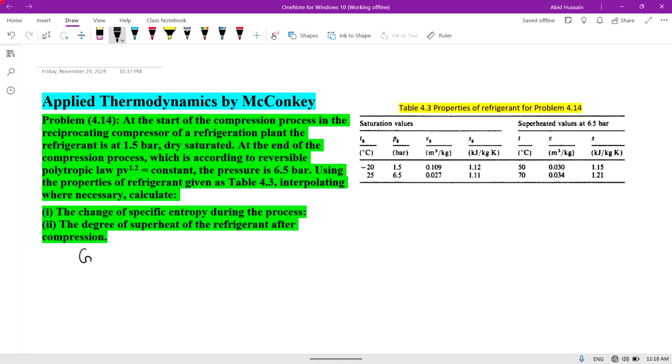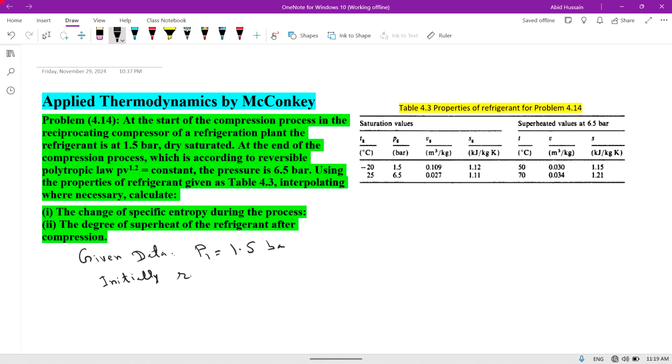In the given data, initially the pressure is 1.5 bar, P1 is equal to 1.5 bar, and initially the working fluid is refrigerant.